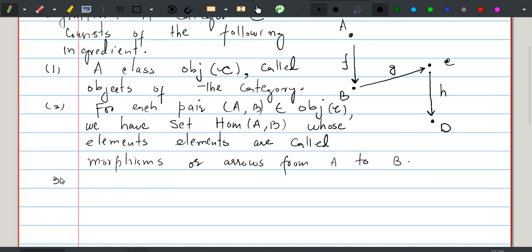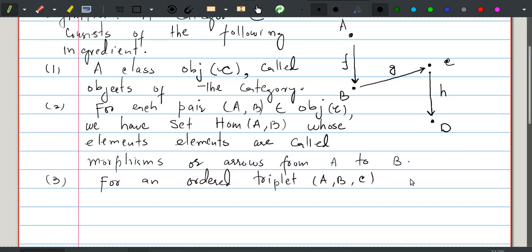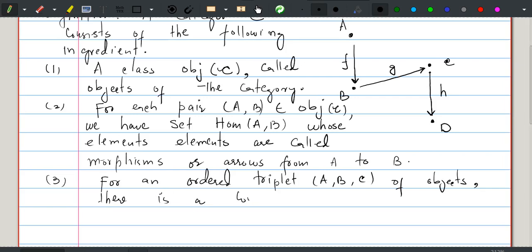And if we consider any ordered triplet A, B and C of objects, there is a composition law.